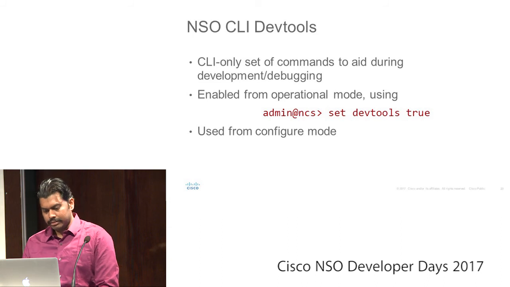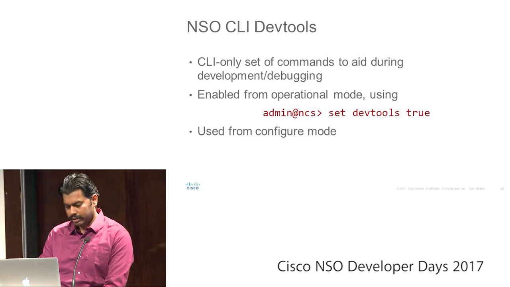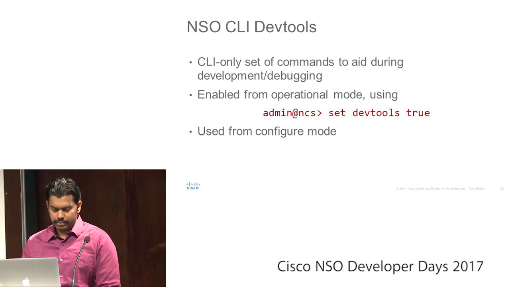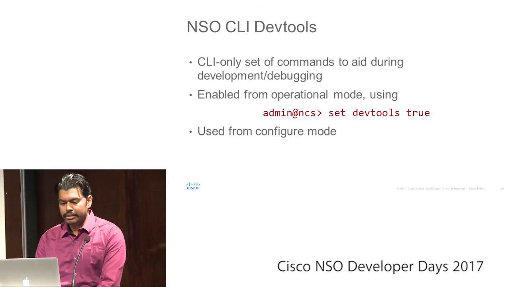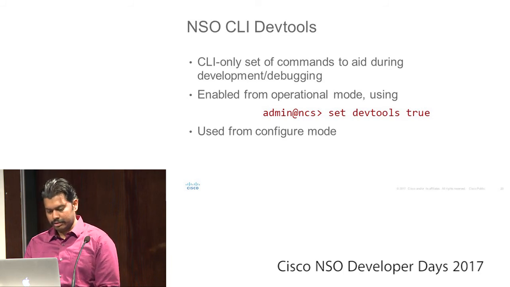And then this is a very nice set of tools in the NSO CLI for debugging a lot of things. They were introduced as part of NSO 4.2, I think. And you enable them from the operational mode, and then you use them from the configure mode.